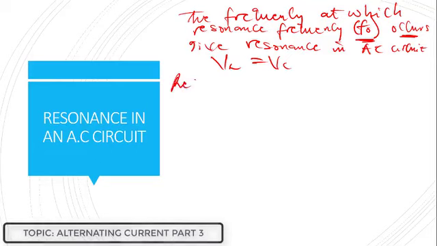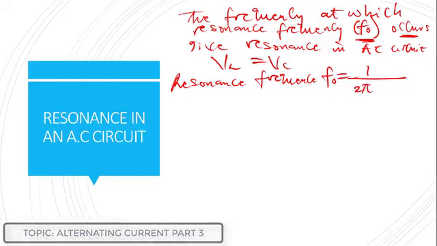So the resonance frequency f with subscript 0 is given by 1 over 2 pi times the root of inductor times capacitor, that is, L times C. At resonance, the maximum current I is given by V over R from Ohm's law.